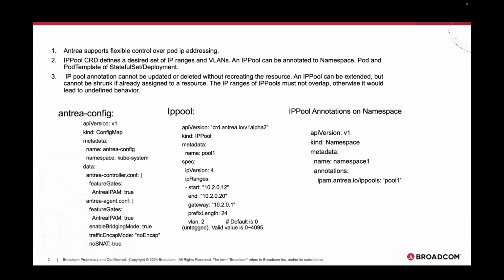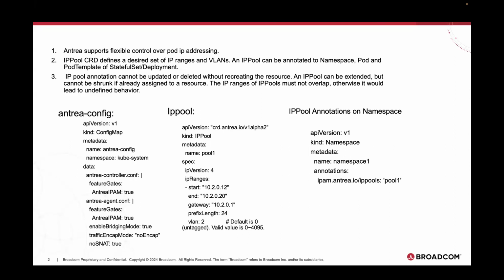In the IP pool, we can provide a set of IP ranges and VLAN ID. And an IP pool can be annotated to the namespace, Pod template, StatefulSet or Deployment. Antrea will manage the IP assignment based on the IP pool specification that you have provided.